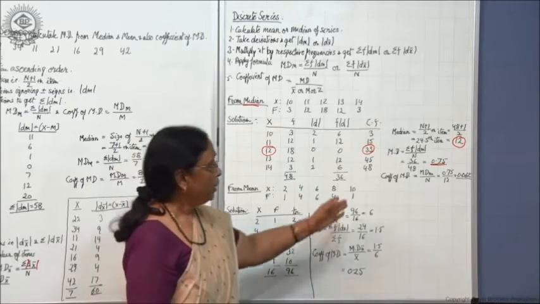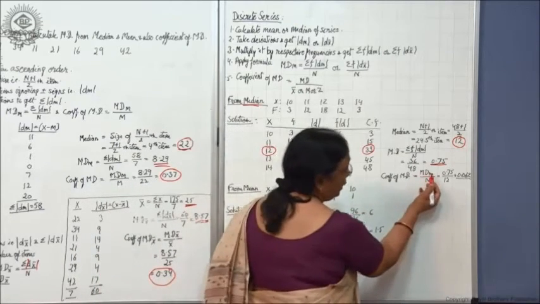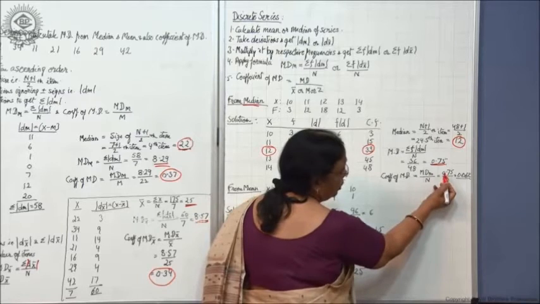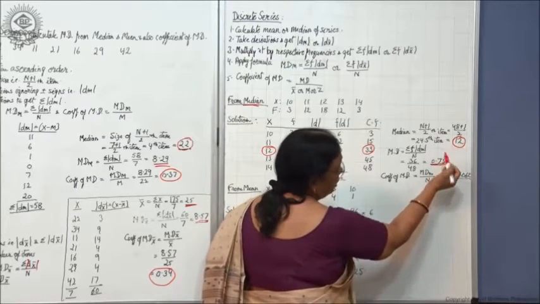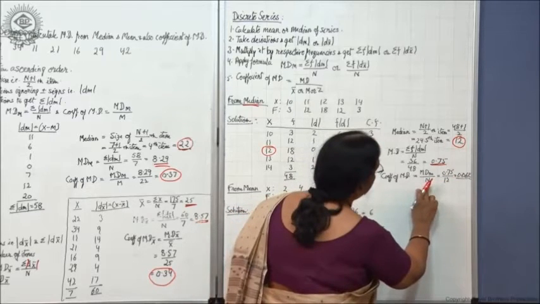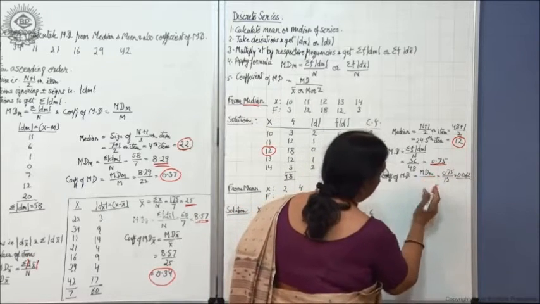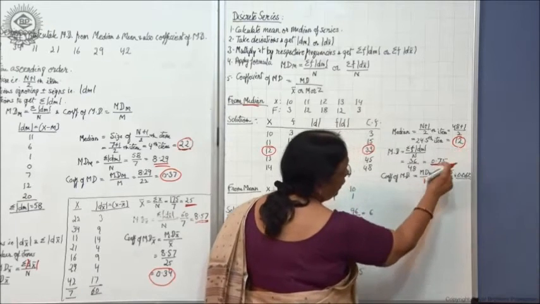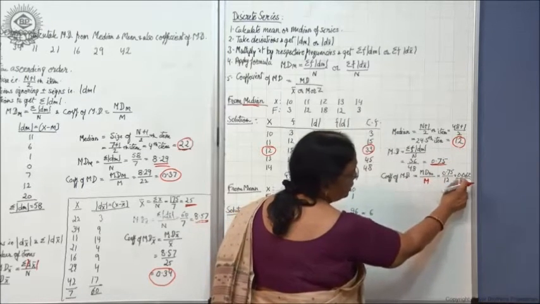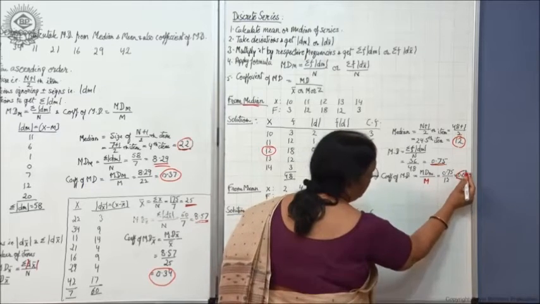And the coefficient of mean deviation is MD upon M. MD is 0.75 and M is 12, and this is the coefficient.